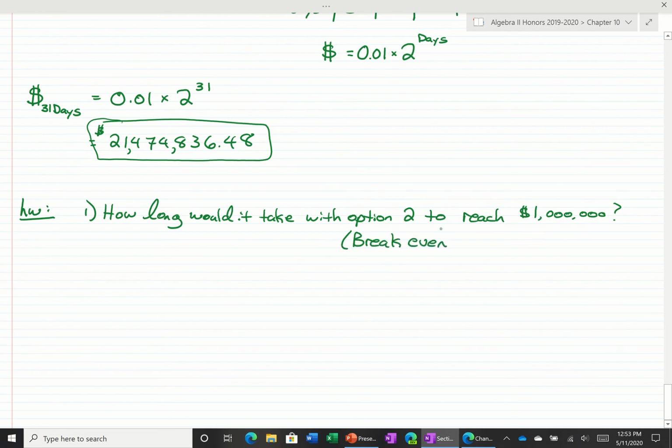Break even means, if a friend of yours picked the first option, they got $1 million. How long would it take you to also hit $1 million?